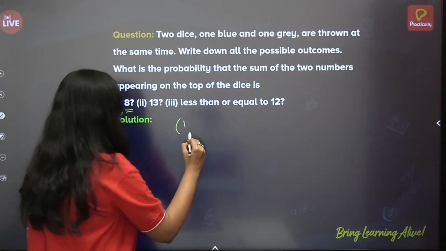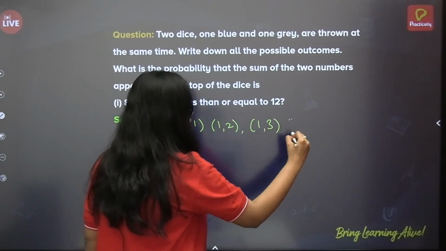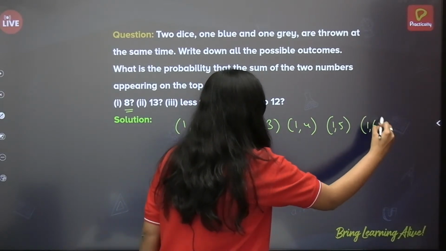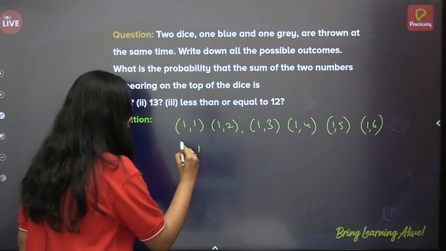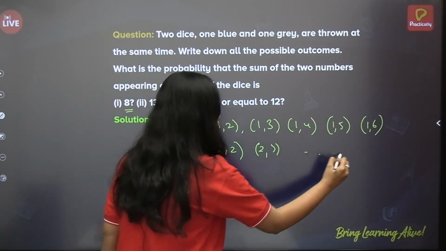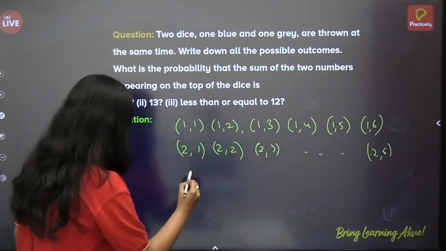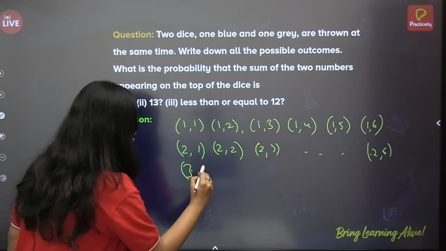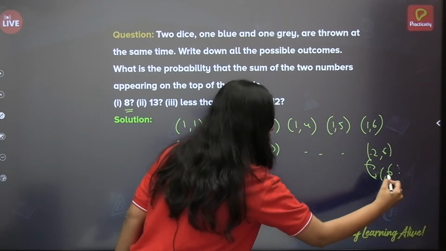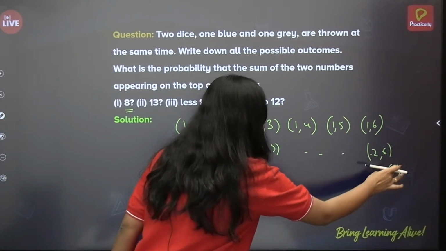Let me write 1,1; 1,2; 1,3; 1,4; 1,5; 1,6. Right? The same goes with 2,1; 2,2; 2,3 and so on, till 2,6. Next, this is 3,1, and so on till 3,6.